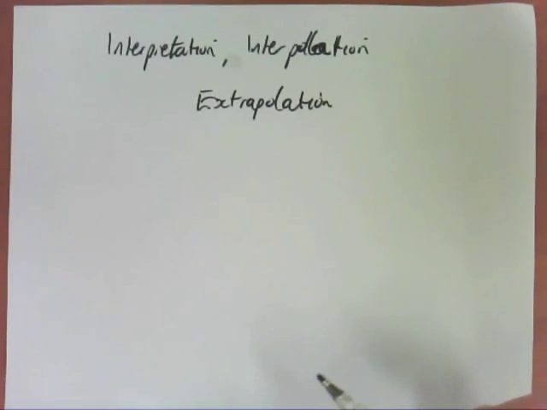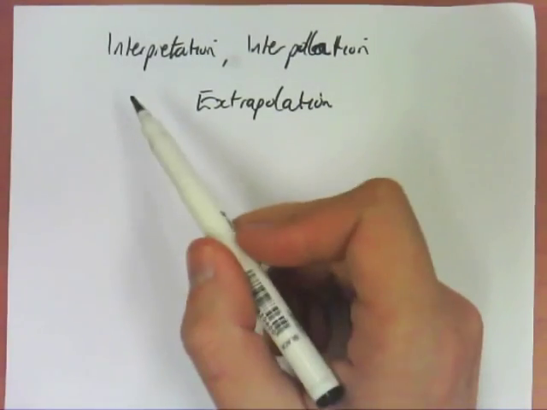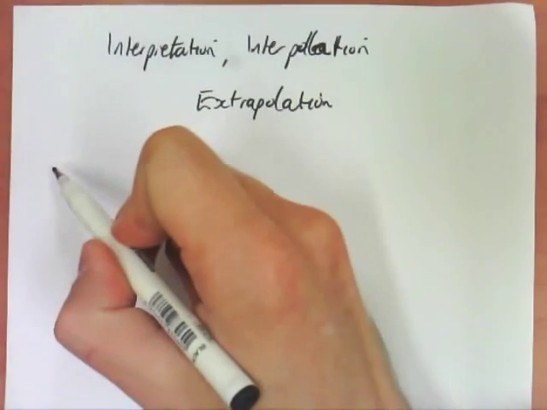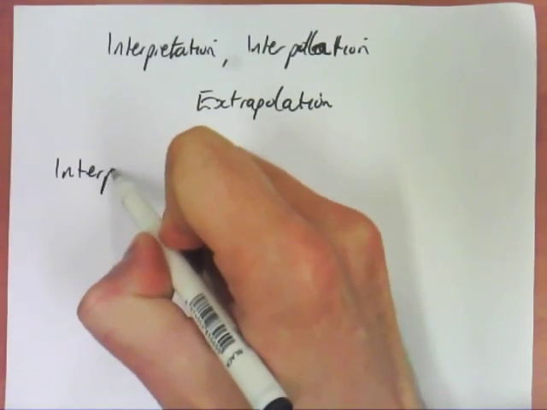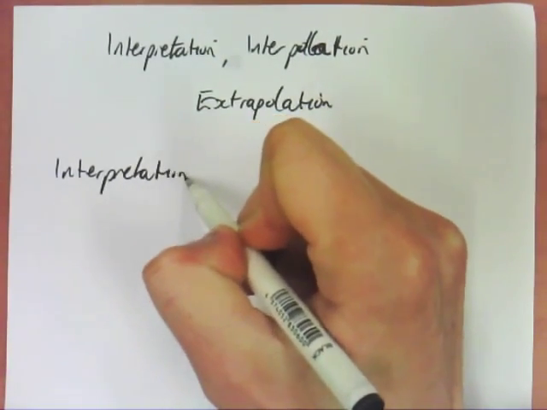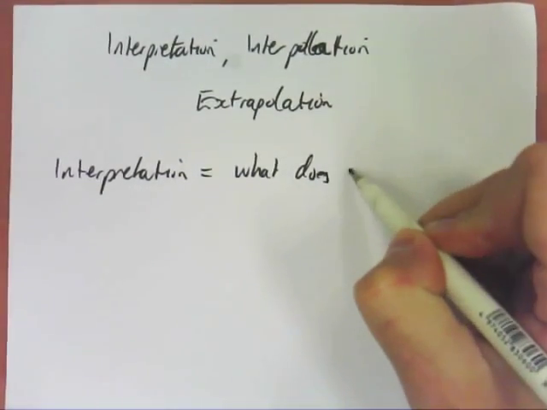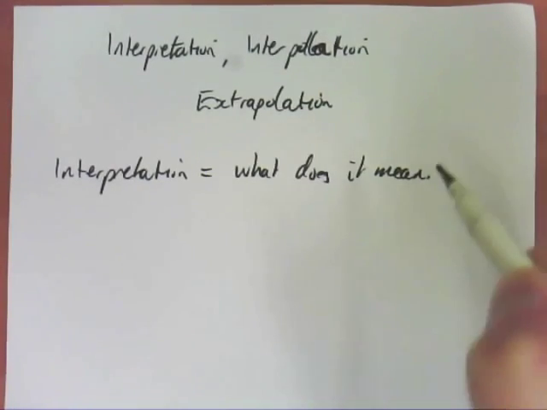So what's the point of fitting all these lines if we don't do anything with them? And that's where interpretation, interpolation and extrapolation come in. So let's do a quick rundown. Interpretation is all about what does it mean.